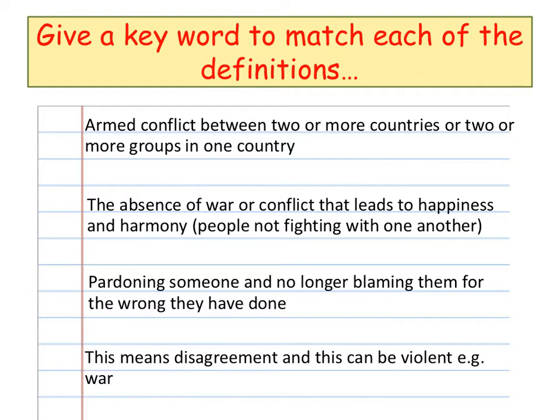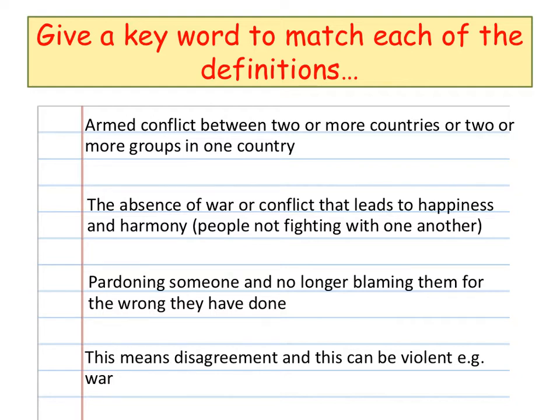So the first one, armed conflict between two or more countries or two or more groups in one country. Number 2, the absence of war or conflict that leads to happiness and harmony, people not fighting with one another. Number 3, pardoning someone and no longer blaming them for the wrong they have done.